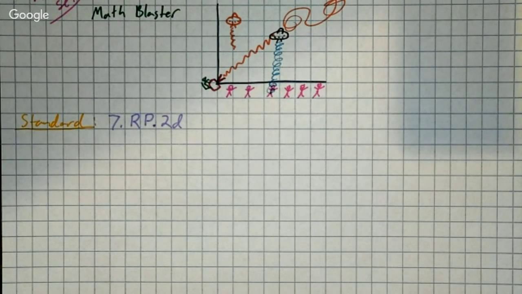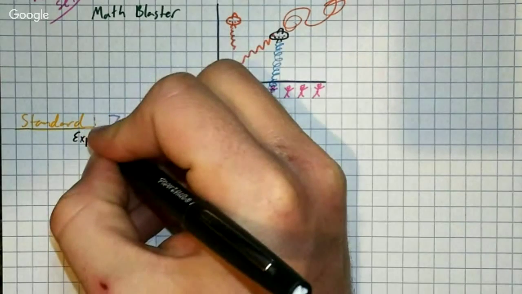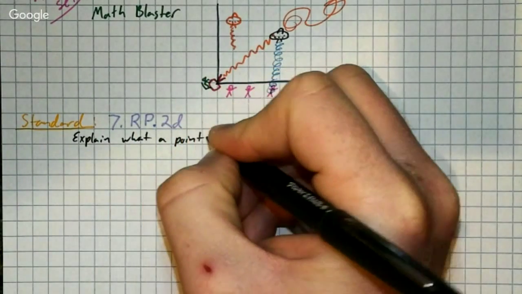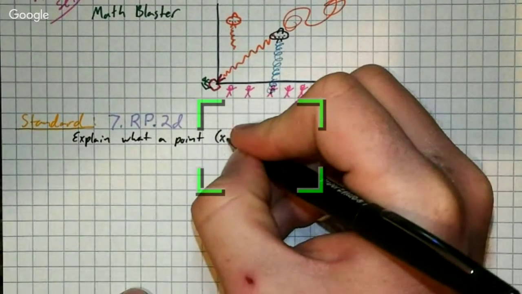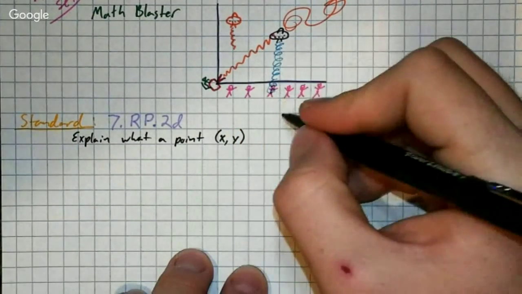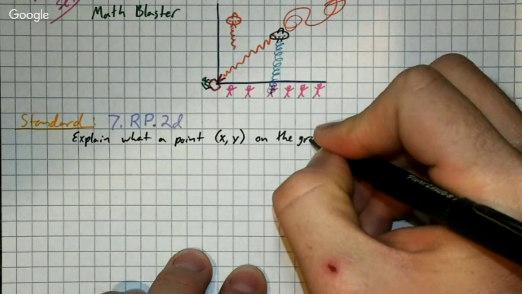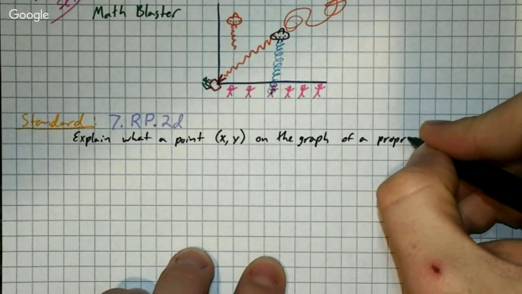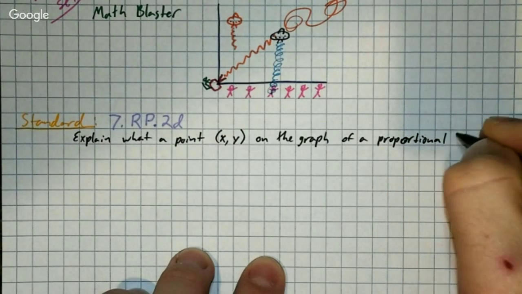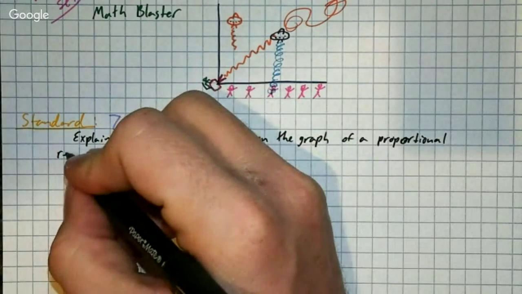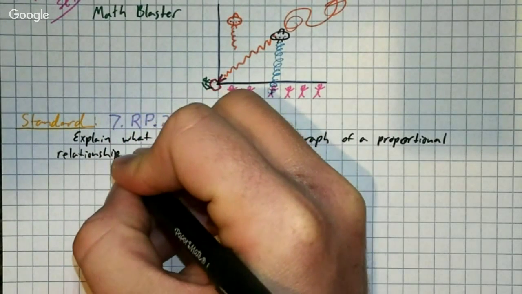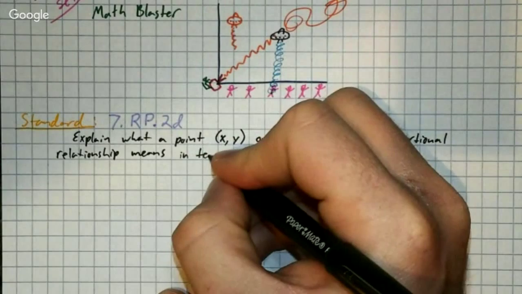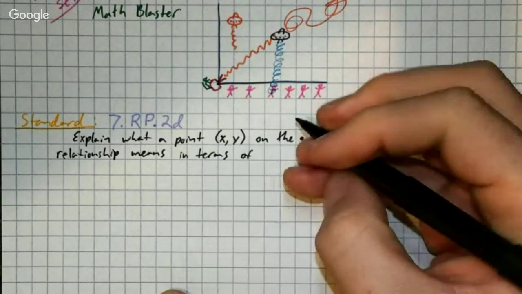And this standard says, explain what a point xy on the graph of a proportional relationship means in terms of the situation.